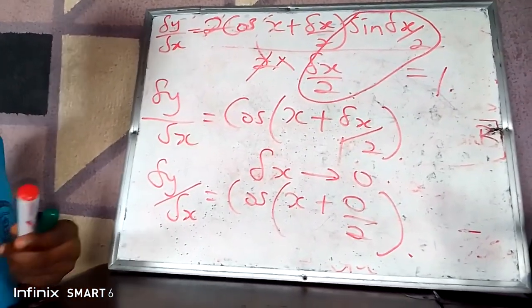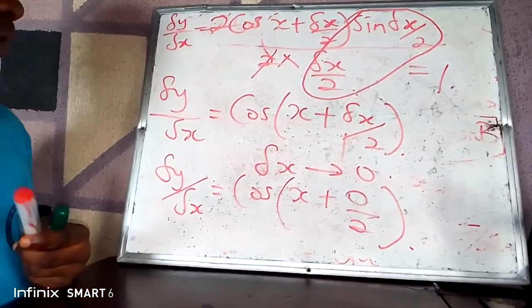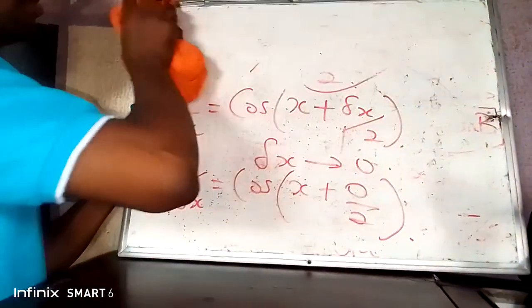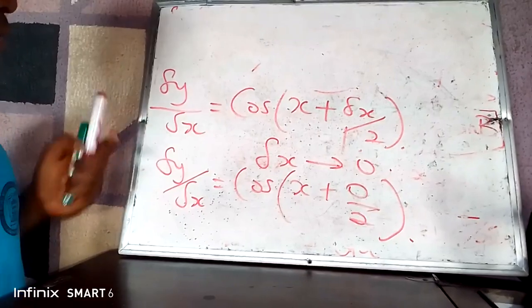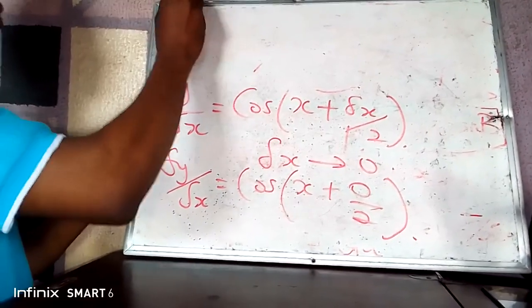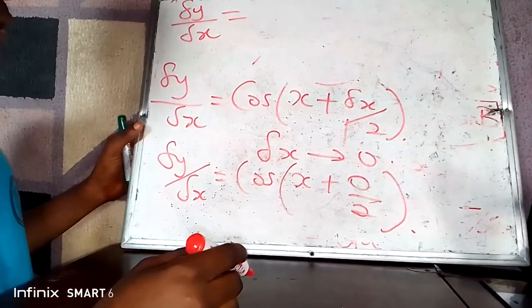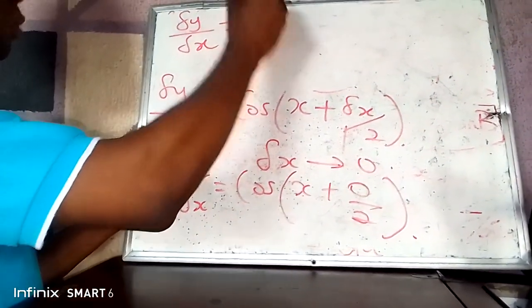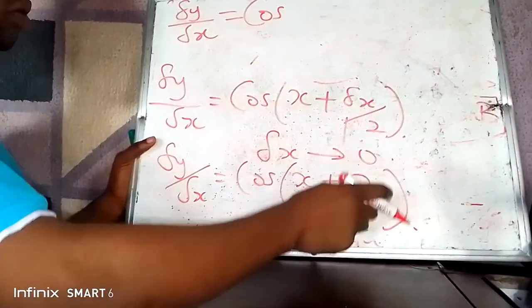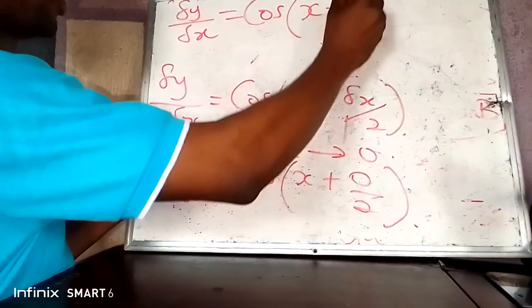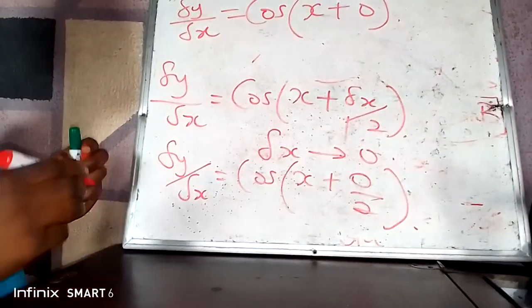That shows that it equals cos x plus 0, x plus 0.